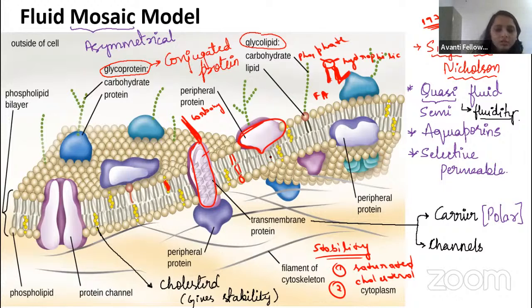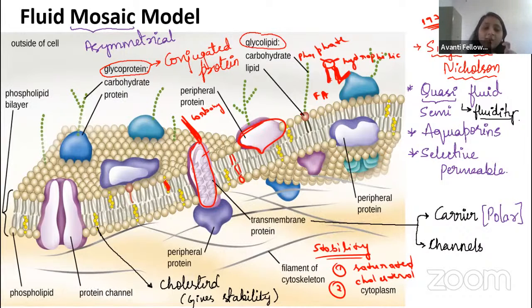Here you can see, if the protein is attached to glucose or carbohydrate, we call it a glycoprotein. For the lipid bilayer, if the glucose or carbohydrate is attached to the lipid, what will we call it?